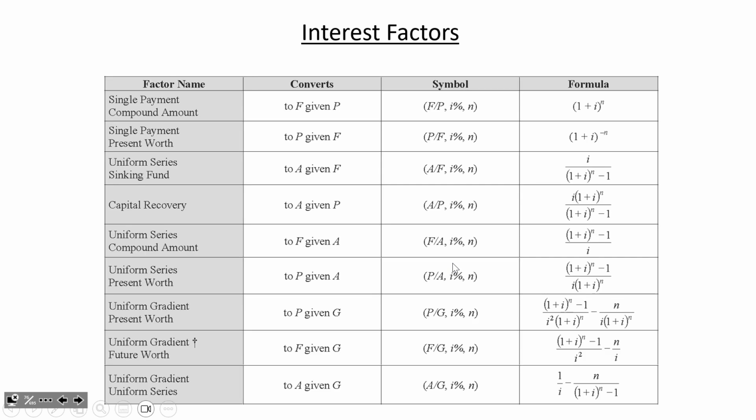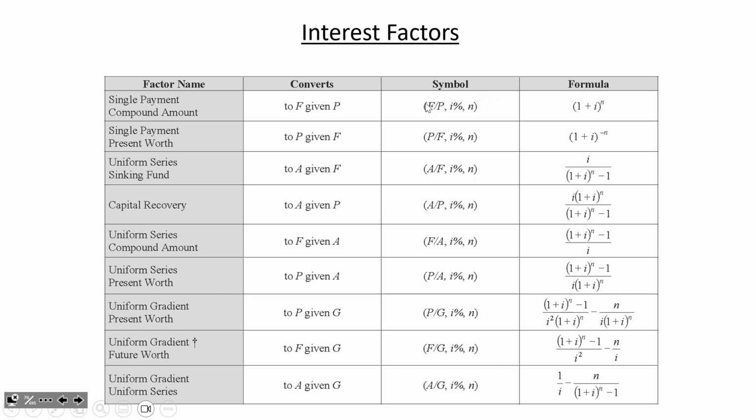Okay, so this is the equation sheet that I gave you, and at first glance it's a little bit difficult to see what the formula is because in the formula column they're only showing you the right-hand side of the equation. But the way to understand it is that, for example, for the first row where it says (F/P, i%, n), this is that standard notation that we talked about in a previous class, where a word problem can be distilled down to the information that's in the parentheses here.